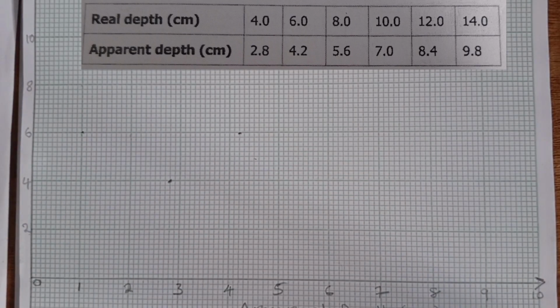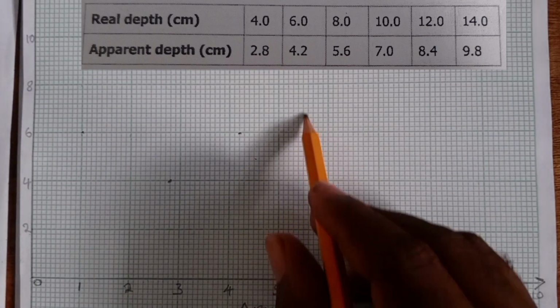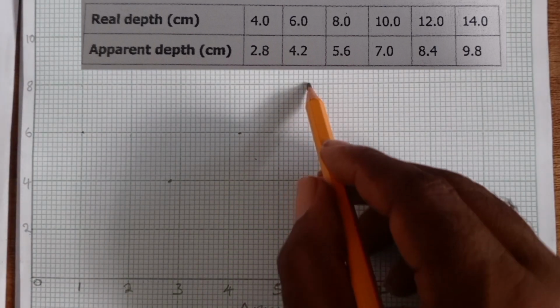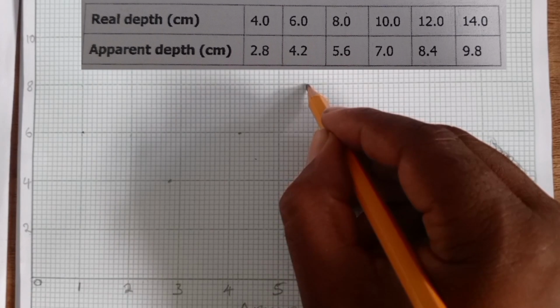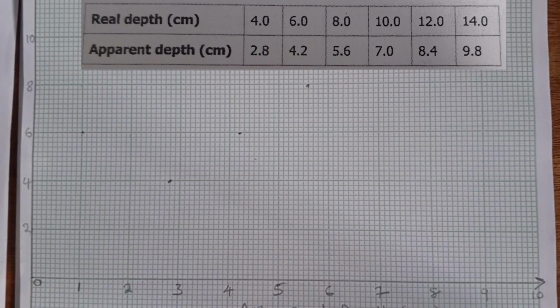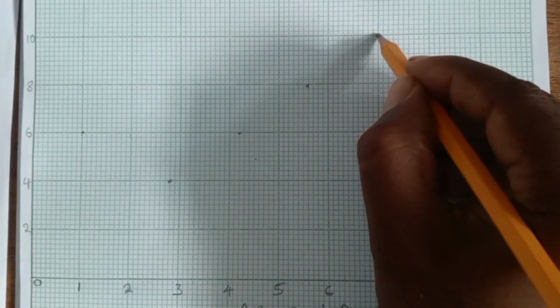Then we have 5.6, comma 8. 5, 5.1, 5.2, 5.3, 5.4, 5.5, 5.6, comma 8. Then we have 7, 10. That is 7, 10.